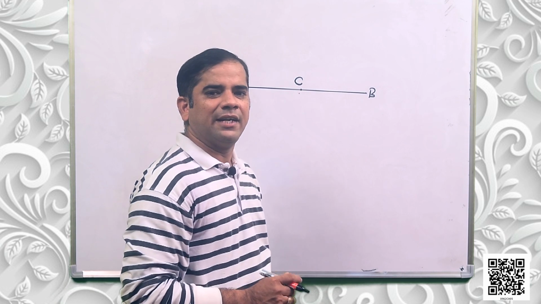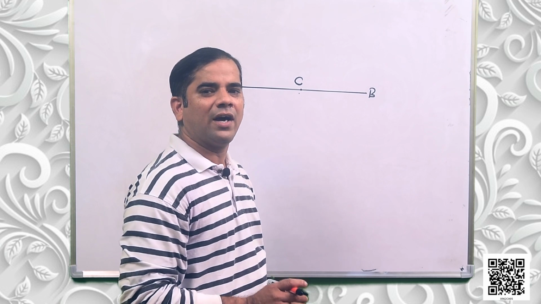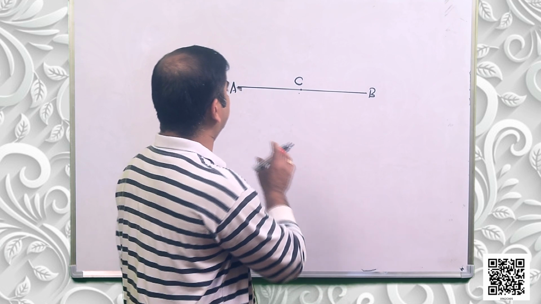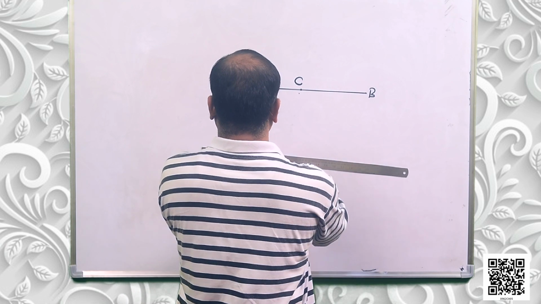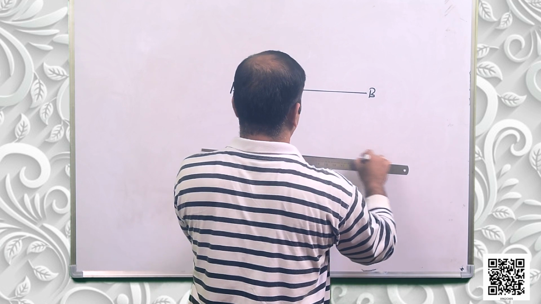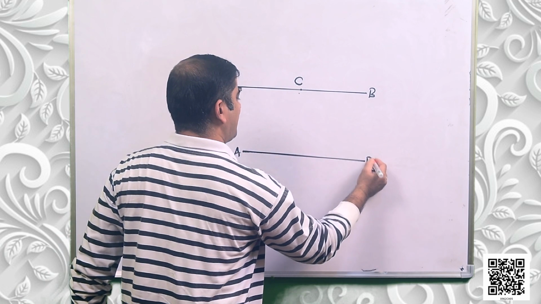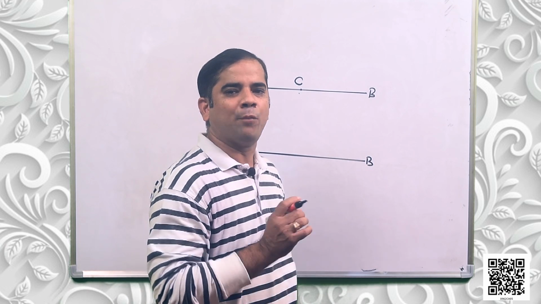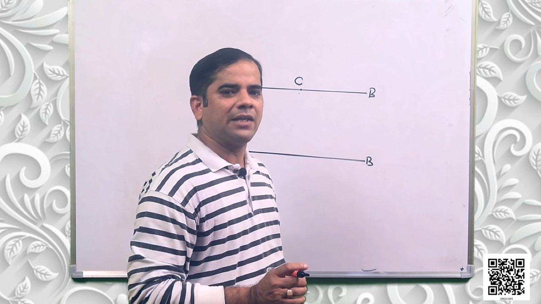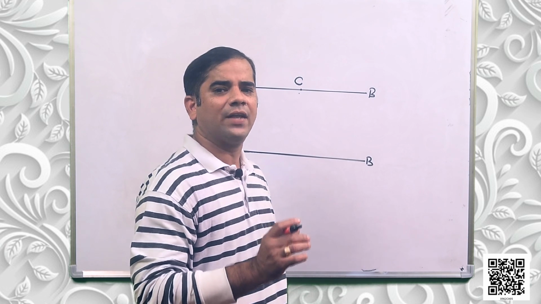Second postulate, there exists at least 3 points that are not on the same line. If we consider line segment AB, so point A and point B, there are 2 distinct points A and B, and the postulate says that there exists at least 3 points that are not on the same line.